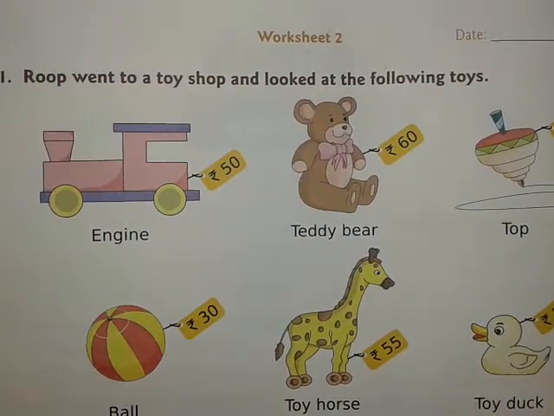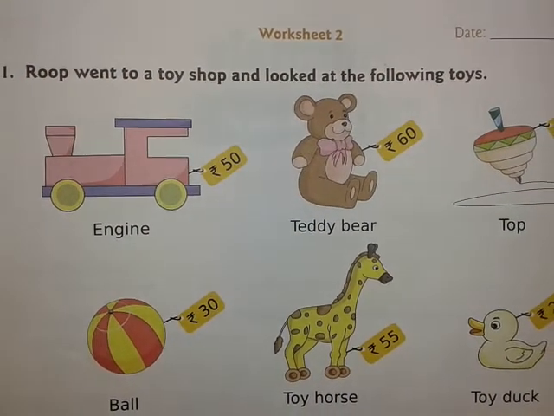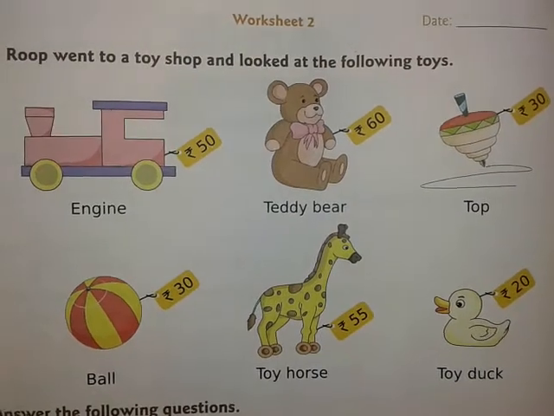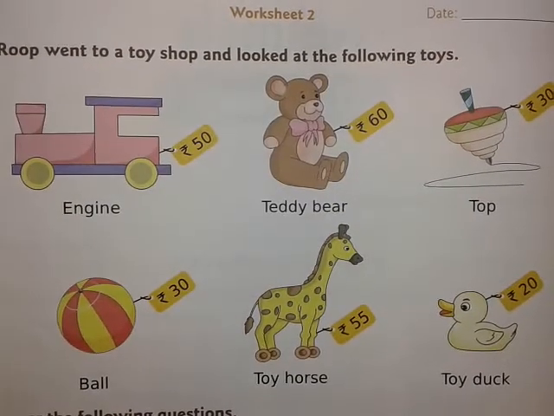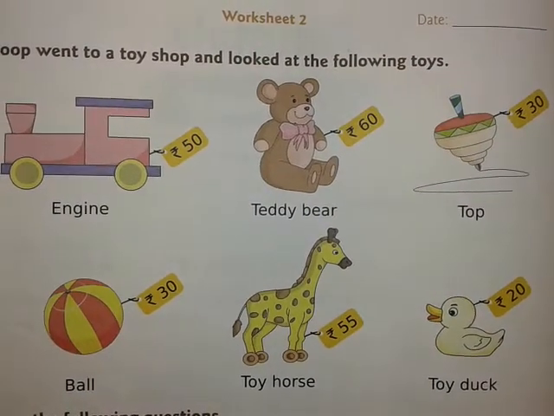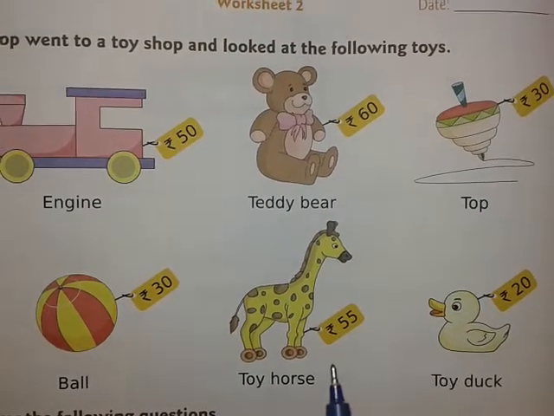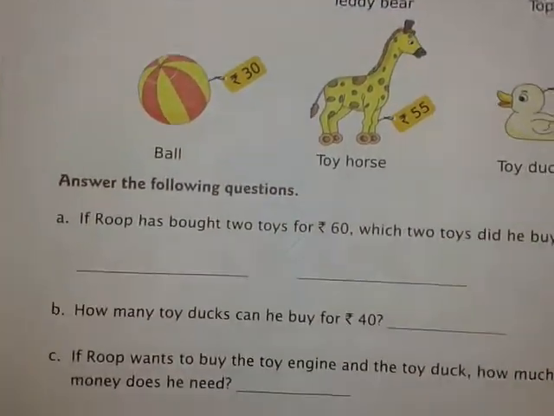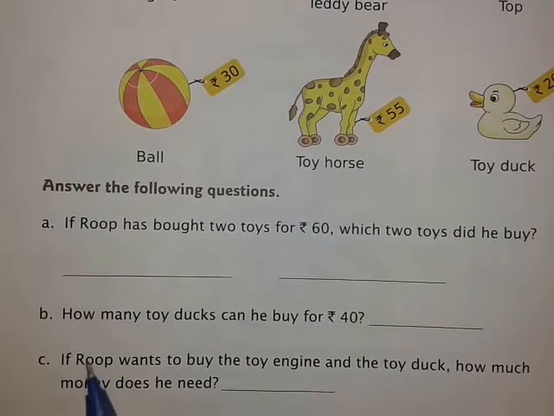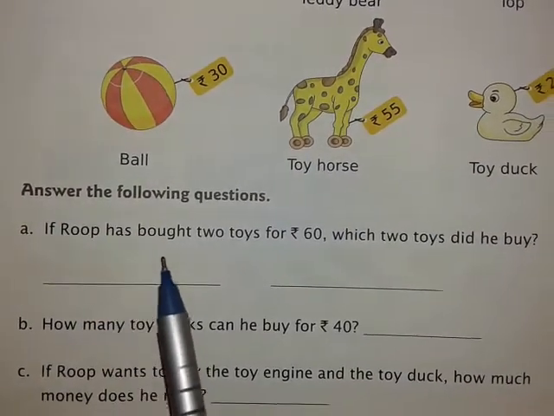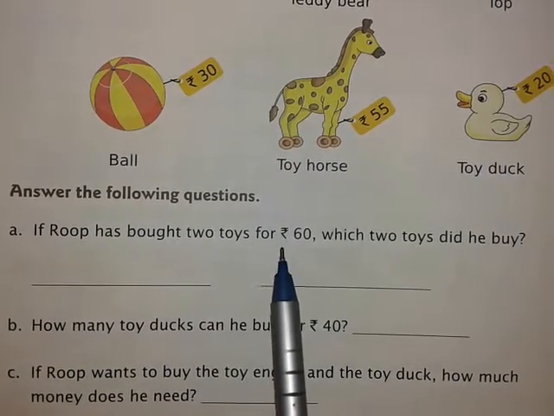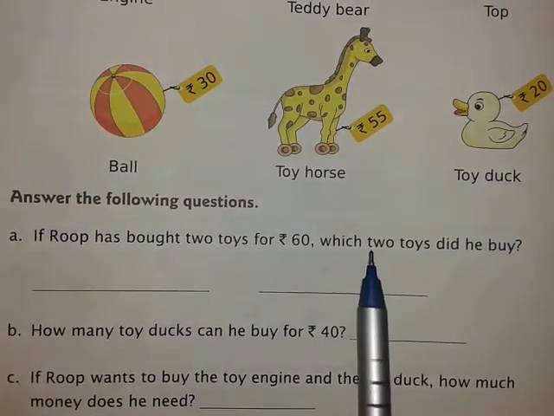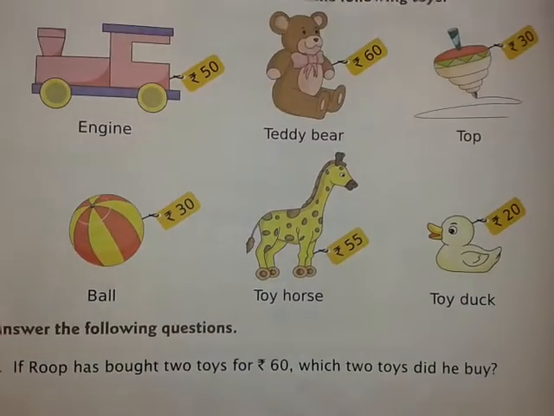Now we are in worksheet 2, page 53. You can see some pictures are given, and along with those pictures, the prices of those objects are also given. Here some questions follow. Number A: if Roop has bought 2 toys for rupees 60, which 2 toys did he buy?